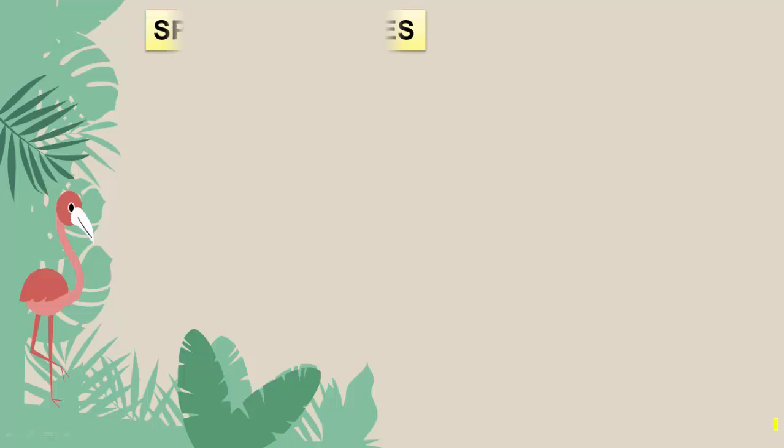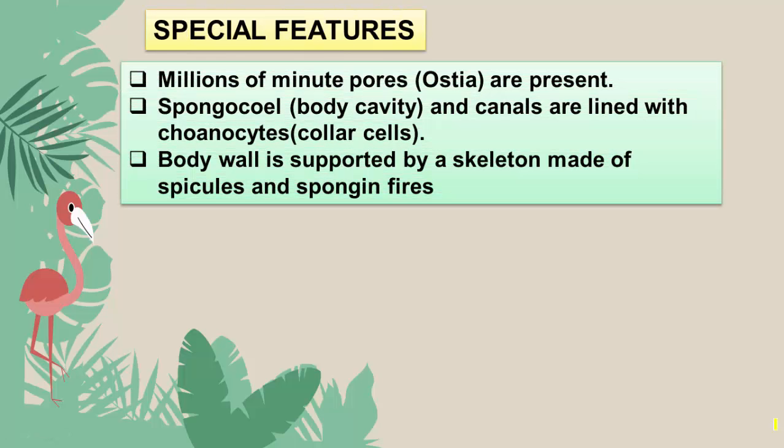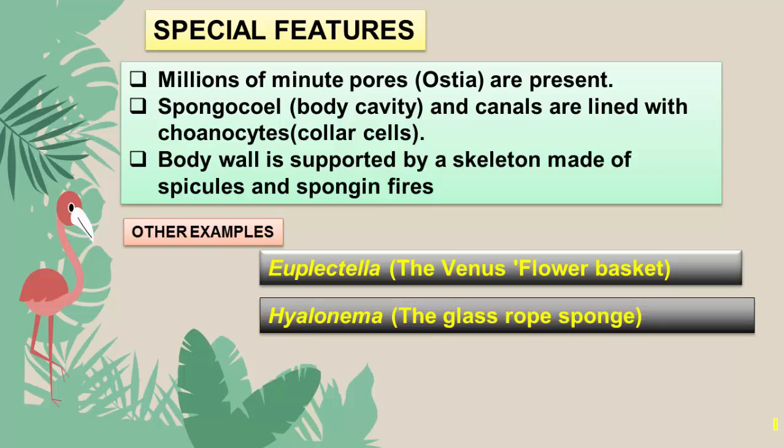Then last information. What are the special features of poriferans and some other examples? The entire body of the sponges is covered by minute pores called ostia. The spongocoel is the central body cavity, and canals are lined with choanocytes, which are also called collar cells. The body wall is supported by a skeleton made up of spicules and spongin fibers.